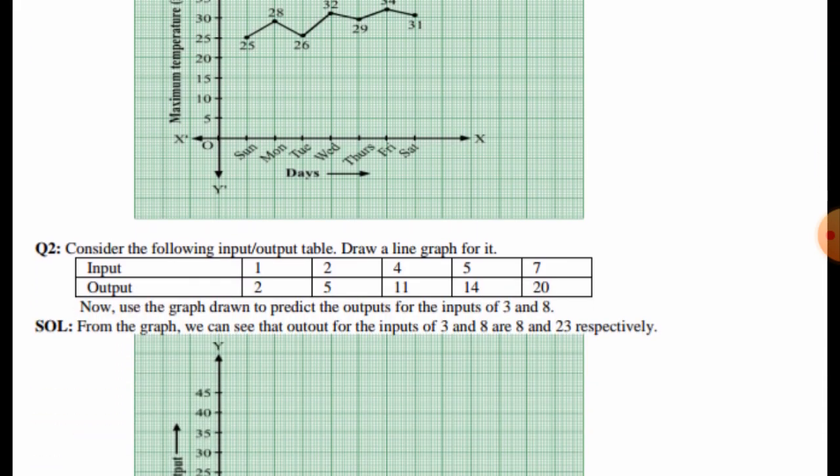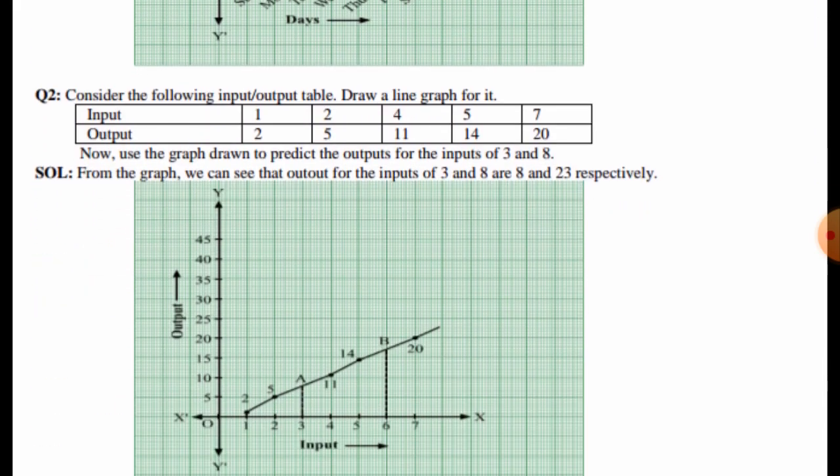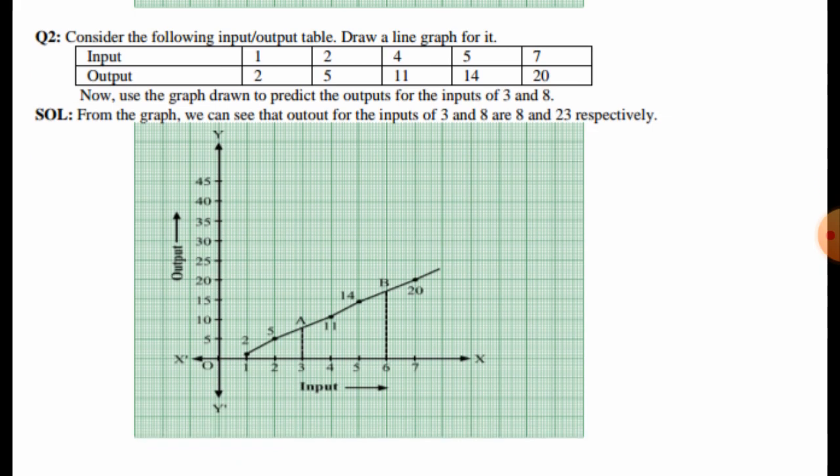Now after this, see question number 2. Here also consider the following input output table, draw a line graph for it. So in this we have given input 1, 2, 4, 5, 7, and output 2, 5, 11, 14 and 20. Now use the graph drawn to predict the output for input of 3 and 8.